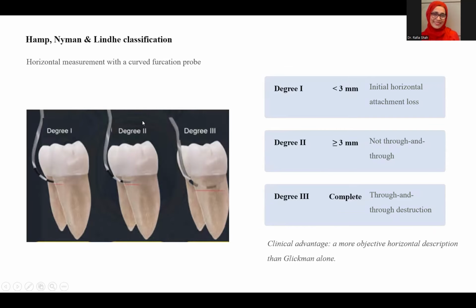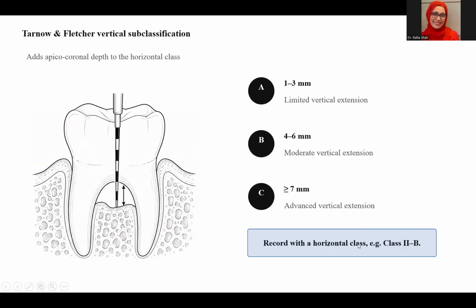If there is a degree 2 furcation invasion present, we call it according to degree, meaning horizontal.